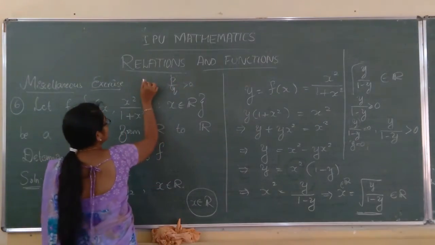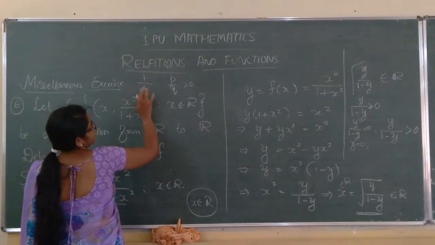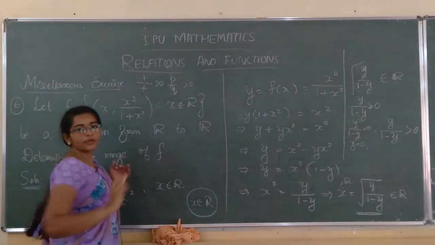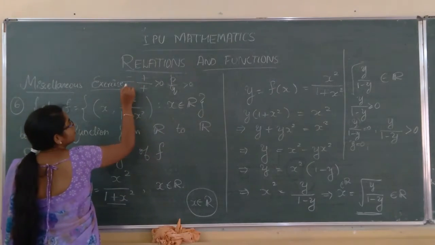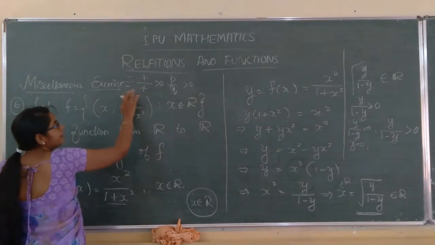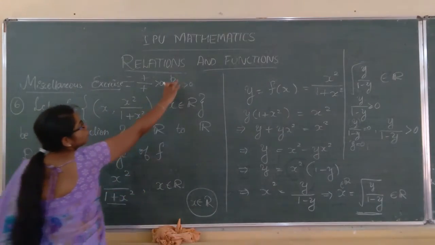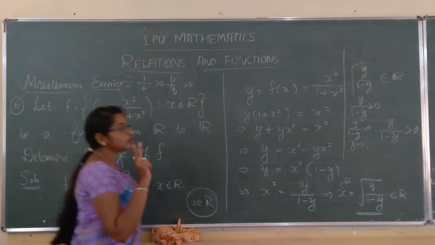If both the numerator and the denominator are positive, then the whole thing would be positive, right? And one more case we get, if both the numerator and denominator are negative, then also the quotient is greater than 0, that is, positive. So, we get two cases.